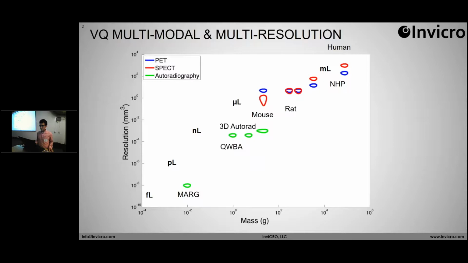So we like to show this plot across the company, and I wanted to use it. It's our translational plot of mass versus resolution and different sensitivities that you can get across the spectrum for different species.